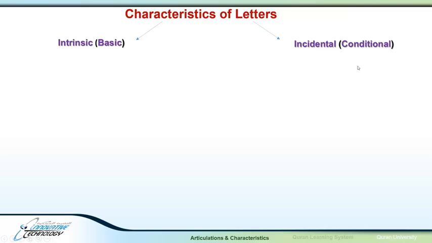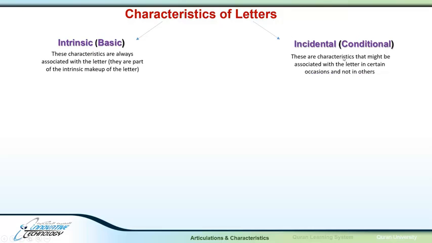The difference between the 2 is that in the intrinsic characteristics, the characteristics are always associated with the letter, and thus they are part of the intrinsic makeup of the letter, while in the incidental or conditional characteristics, the characteristics are not innate, where in this case the characteristics might be associated with the letter in certain occasions, while in other occasions they don't exist. So they are conditional to that particular occasion, and that's why they are not always associated with the letter, and hence not always intrinsic or basic characteristics.